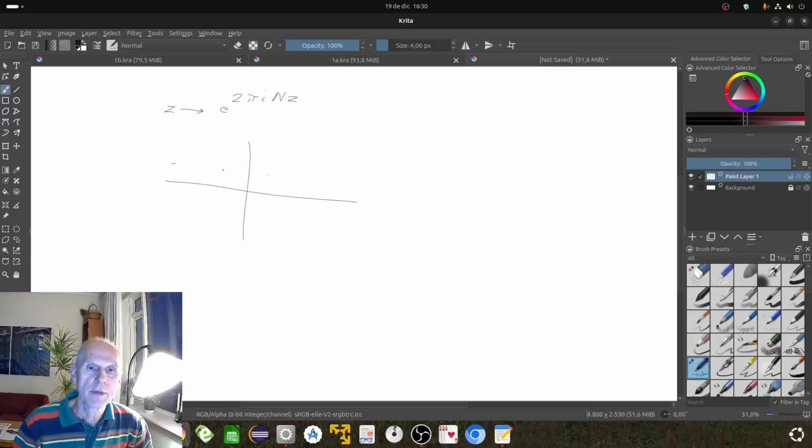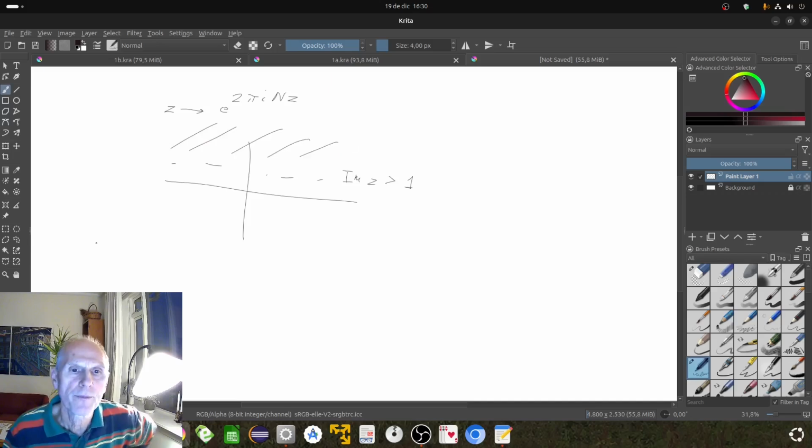Let's take the limit here with imaginary value of z being larger than unity. That's an open part of H. And by this map, it is mapped to the open unit circle with naught excluded.